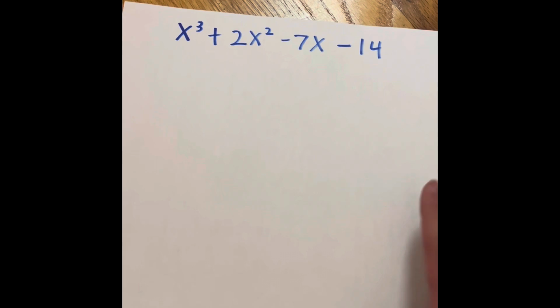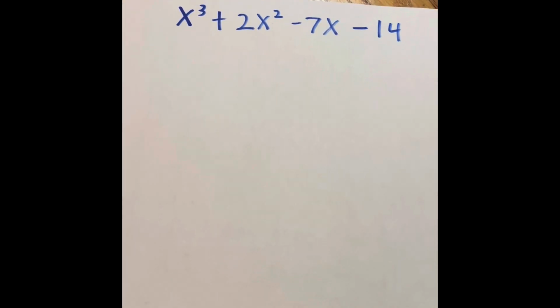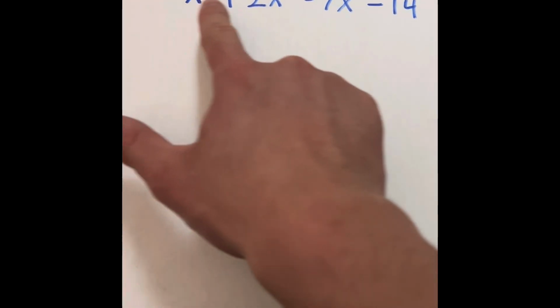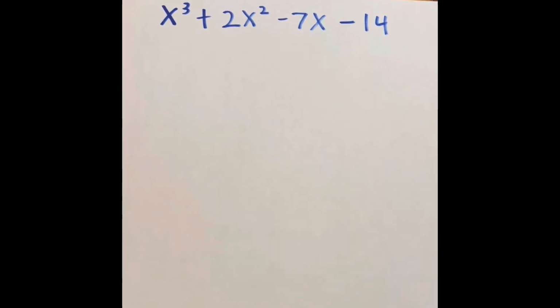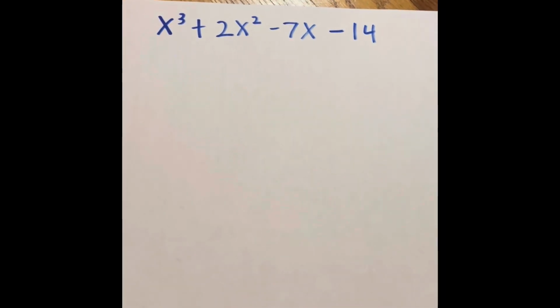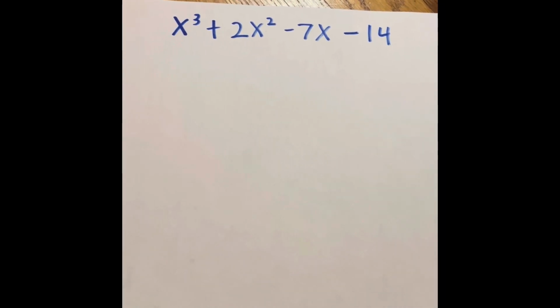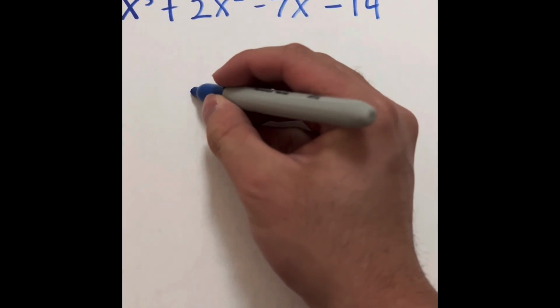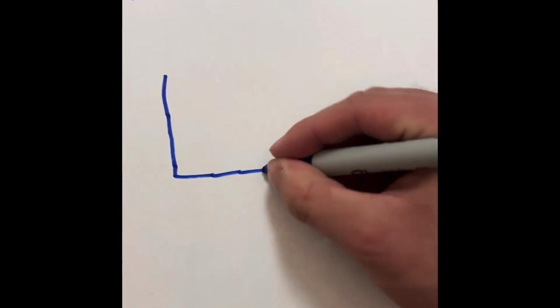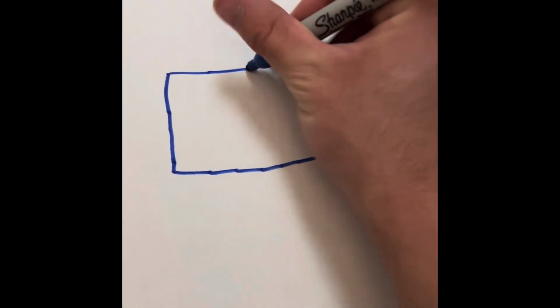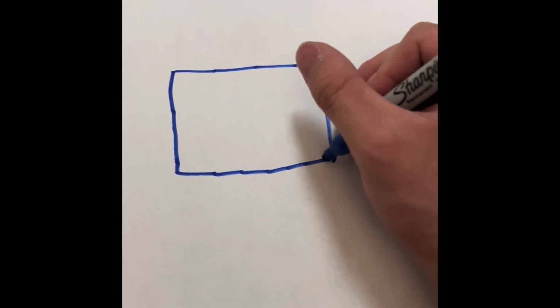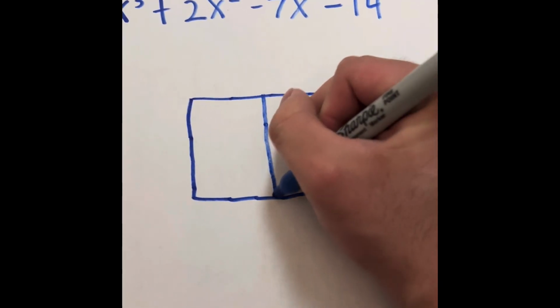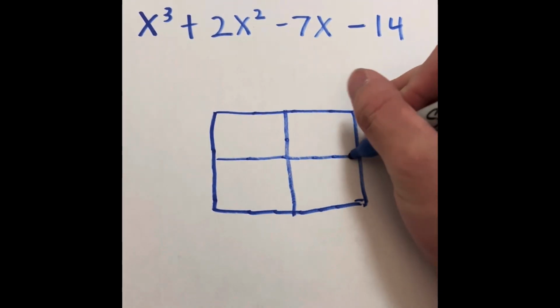So when you think of factoring, we're supposed to assume this is the final answer, but we have to break it down. So we're going to use the box method. We're going to make an actual box that has 4 corners, and we're going to split the box into 2.